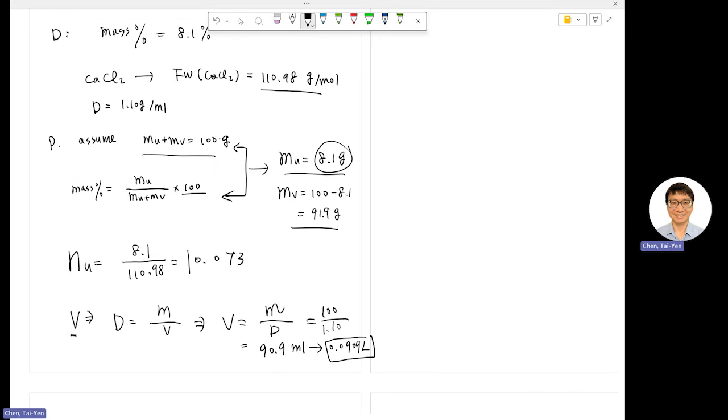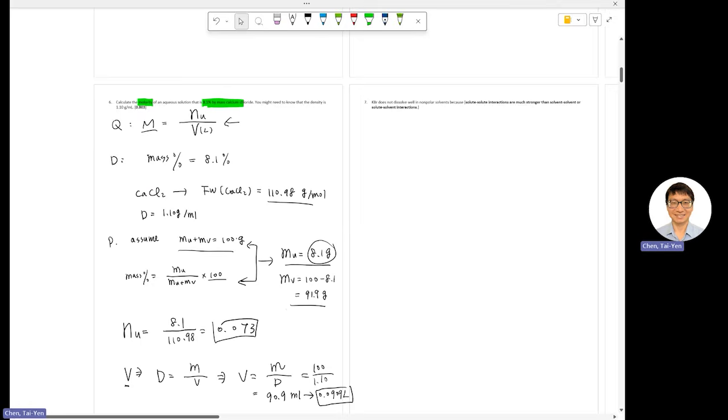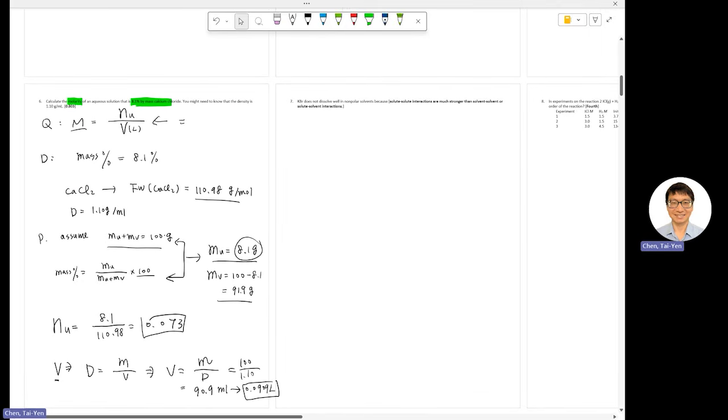Okay, so once you have that, you can just plug back in. So it will be 0.073 over 0.0909. Then you can get a number of 0.803. That's how you get to the answer.